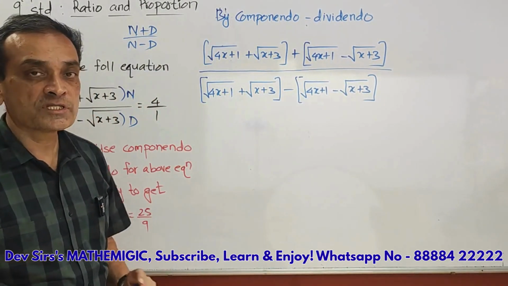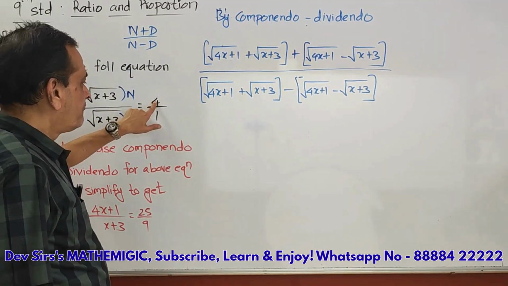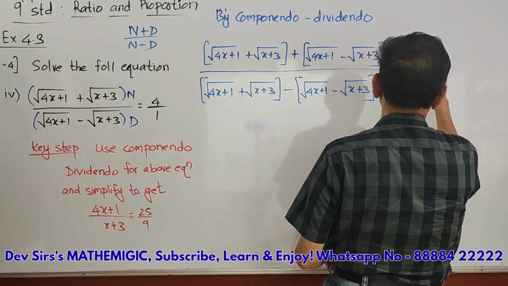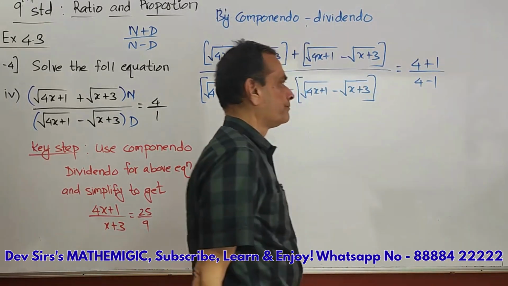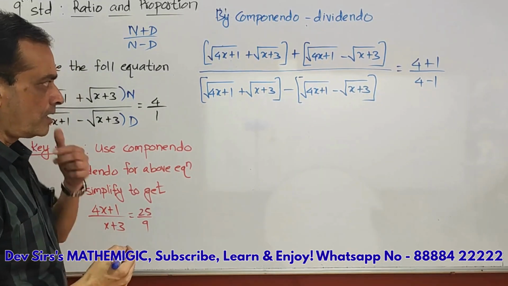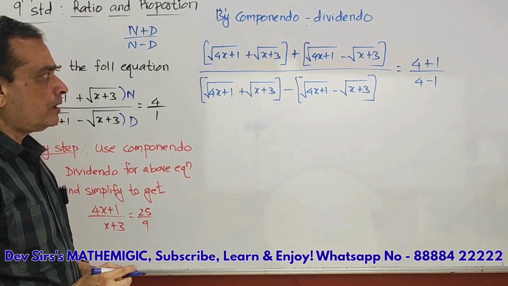But don't forget to do the same thing on the right hand side. 4 upon 1. 4 plus 1 upon 4 minus 1. That is how we use componendo dividendo. Right? Okay.